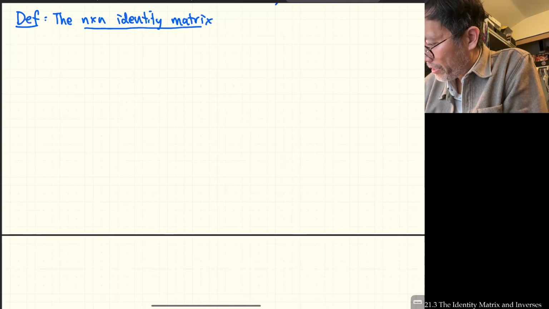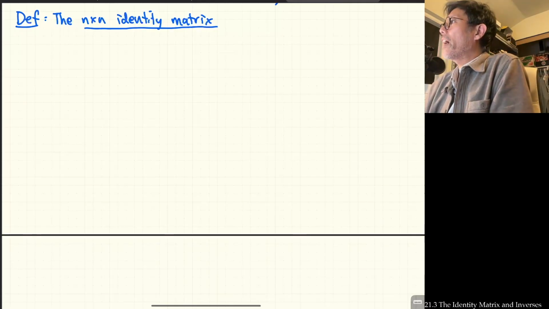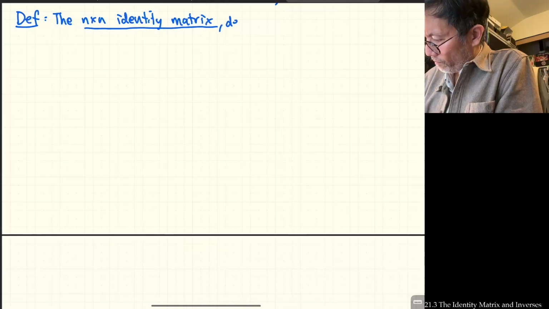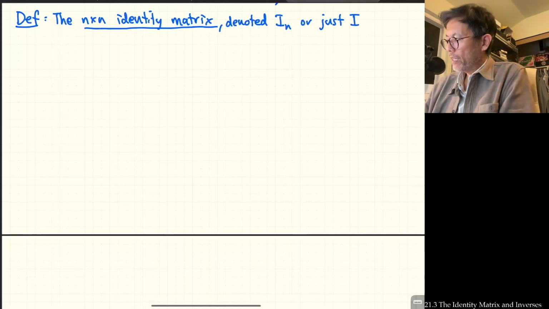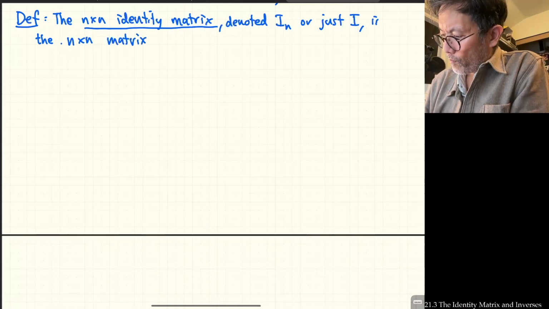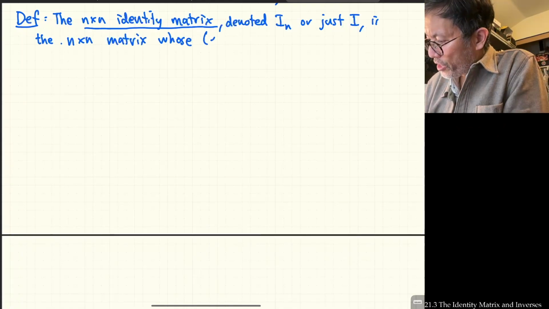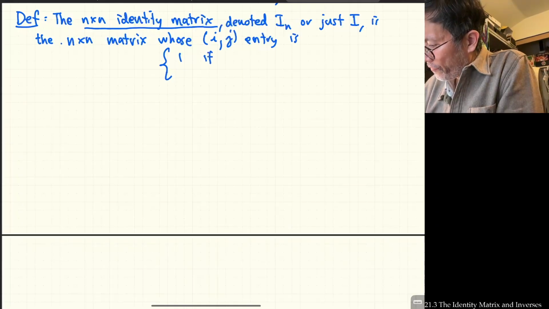The n by n identity matrix, which I think the textbook denotes either I sub n or just I if the number of rows and columns is clear, is the n by n matrix whose ij entry is either 1 if i is equal to j and 0 if i is not equal to j.